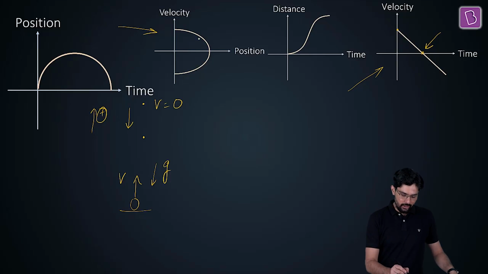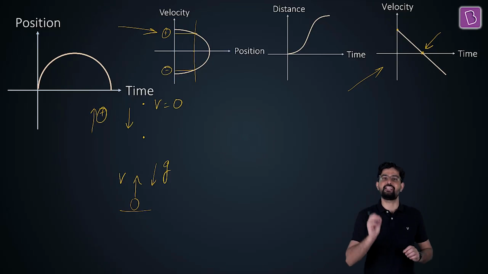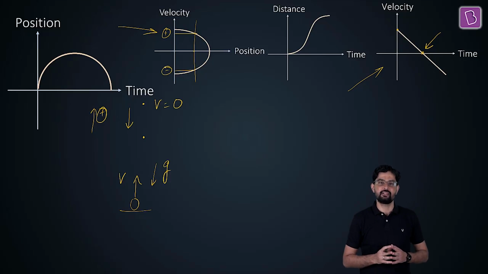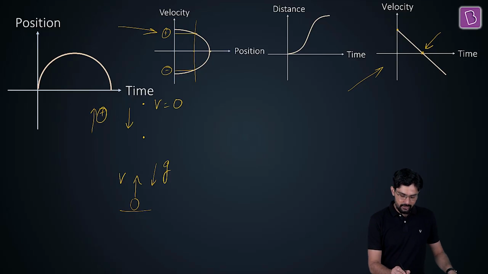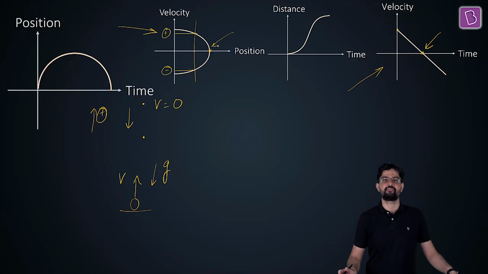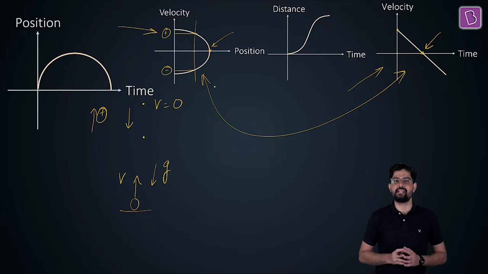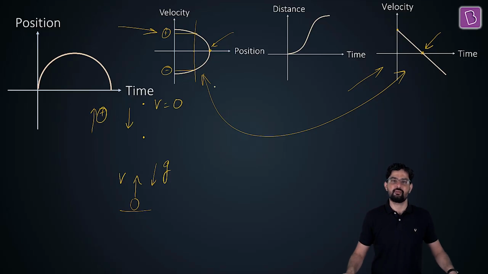Now, can you see on this curve, at one position, you have two values of the velocity, one positive and the other negative, with the same magnitude, right? And when the particle reaches the maximum height, the velocity is zero, which is represented by this curve. This means that these two curves are coherent and they both represent the same motion, right?